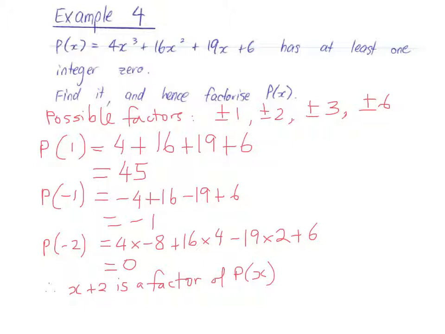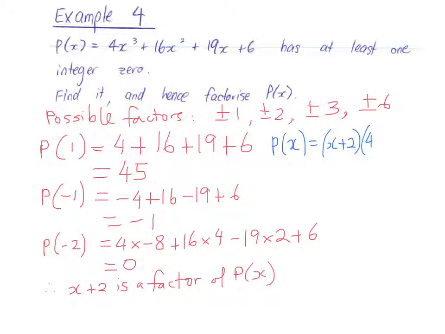Alright, so we can say p of x equals 4x cubed plus 16x squared plus 19x plus 6, and we know that x plus 2 is a factor. So using either the long division method of factorising or the short division way, if x plus 2 is a factor, then let's find the other factor.